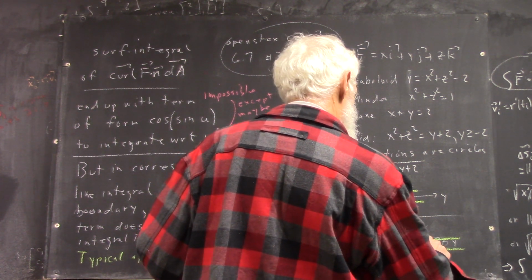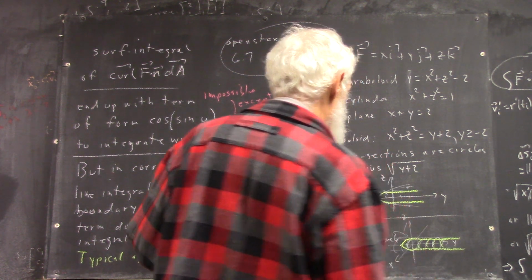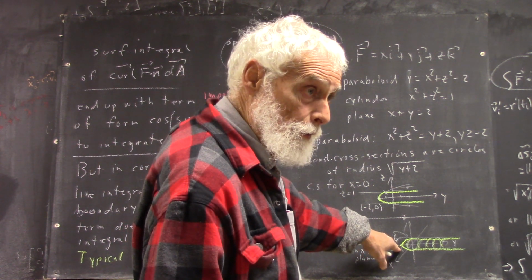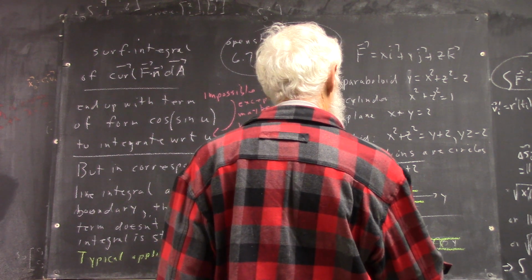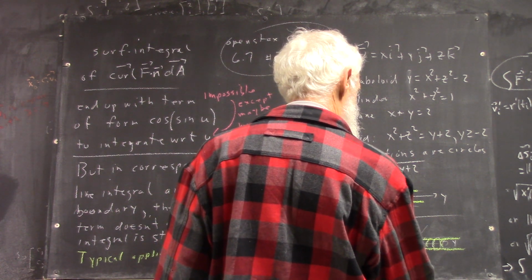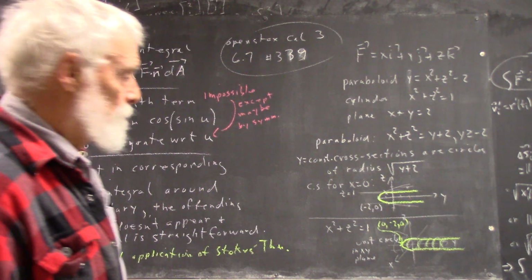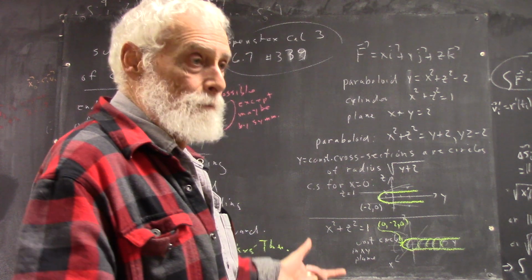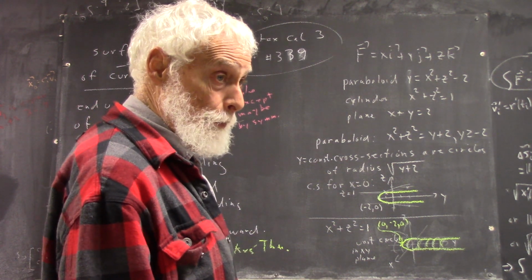It's like this, with a blunt end, and it ends at the point 0, -2, 0. So here we have the point 0, -2, 0, in a tube of radius 1, the y-axis being its central axis, its axis of symmetry.